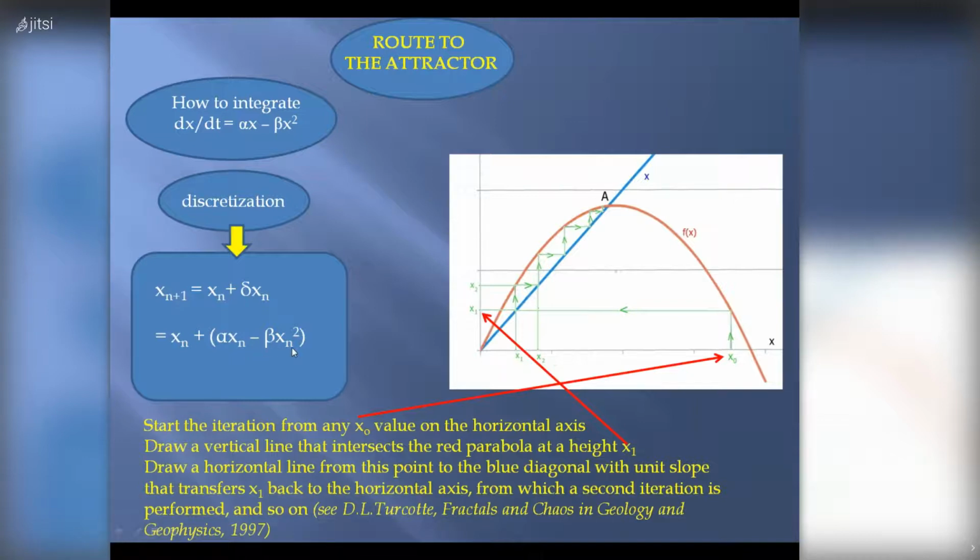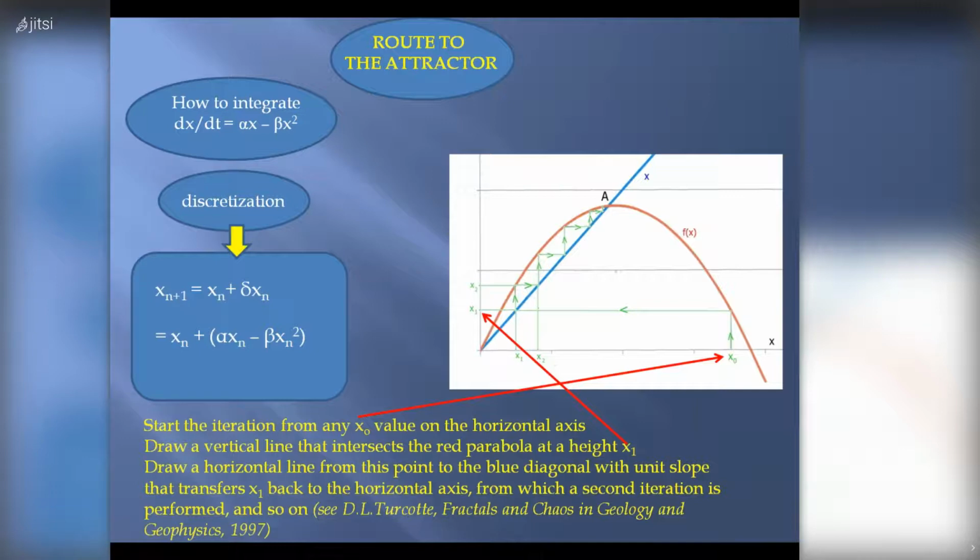Okay? Then let's have a look at this plot. This is also a parabola. This function there is a parabola. It's the same as the previous one, plus the xn term. And therefore, you remember that the attractor was found at the intersection of the previous parabola with the horizontal axis.